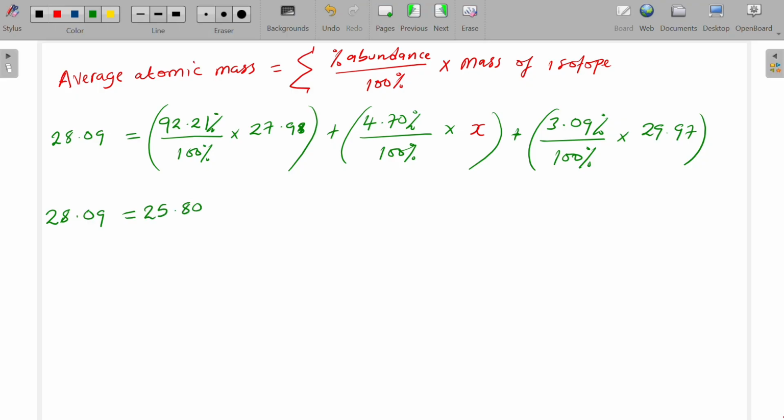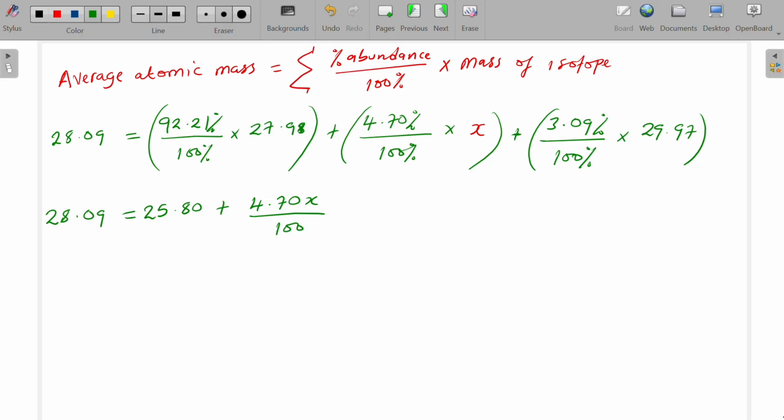25.80, and then this must be added to, in the second box, what I'm having there is, when I multiply 4.70 by x, I'm going to get 4.70x, then it will divide by 100. So we'll say what we have there is 4.70x divided by 100.